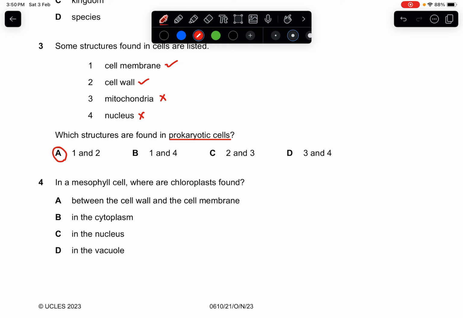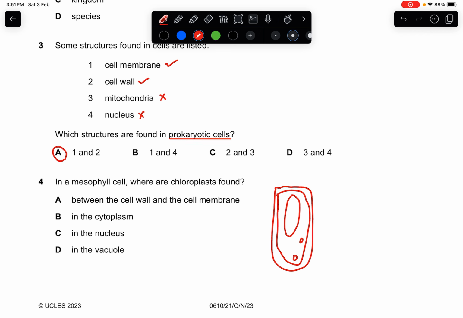Question 4. In the mesophyll cell, where are chloroplasts found? So if you can see in the plant cell, right? Okay, we have the vacuole, we have the cytoplasm, and we typically can see all of the chloroplasts being laid out here, here, here.